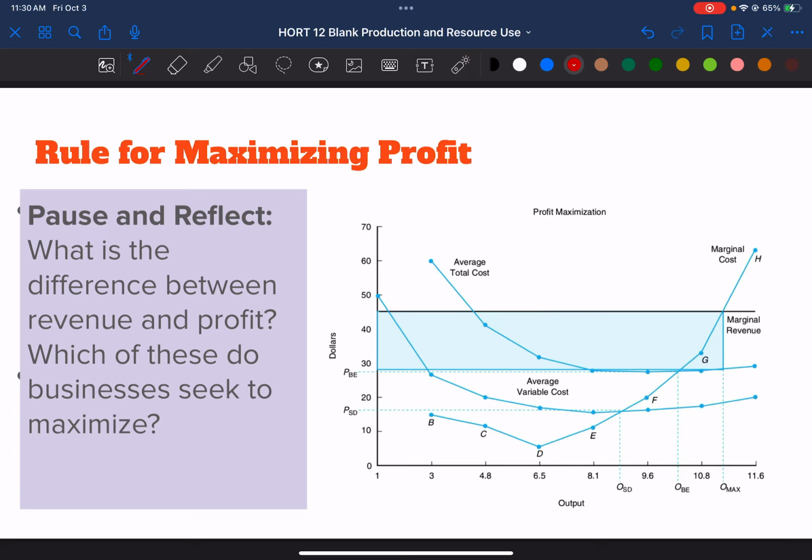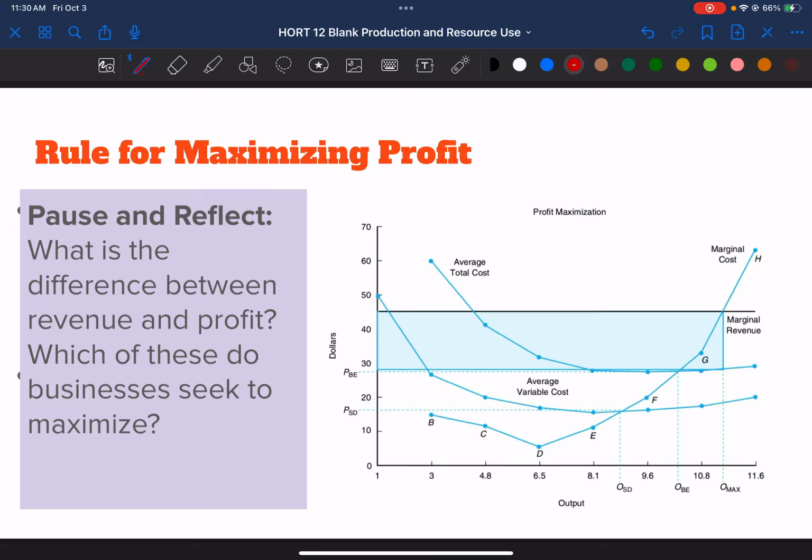We looked at production functions and the different curves, the total physical product curve, the marginal physical product curve, and the average physical product curve. We looked at graphs of those, and we looked at costs and revenue versus profit, and then some of the decision-making tools that businesses would use to decide what level of production they want to produce at.